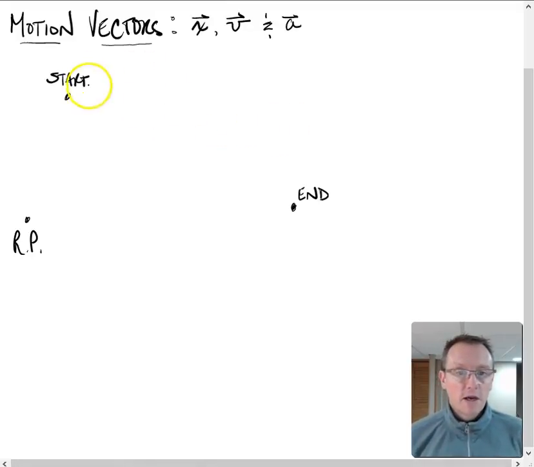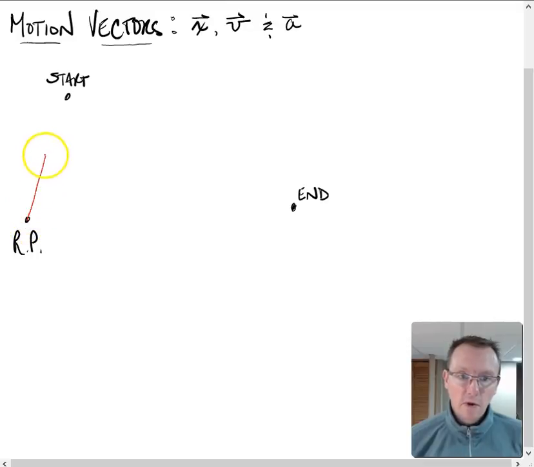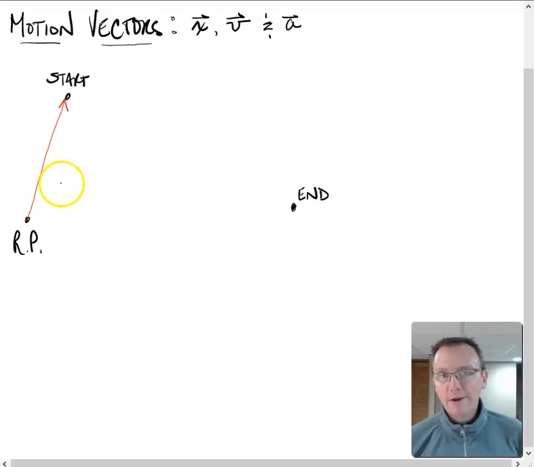All right, so let's imagine for a minute that I have an object that starts at this position. What I would see if I had a reference point here is that the position vector looks like this. It's not easy to draw a straight line on the computer screen like that, but I do my best.